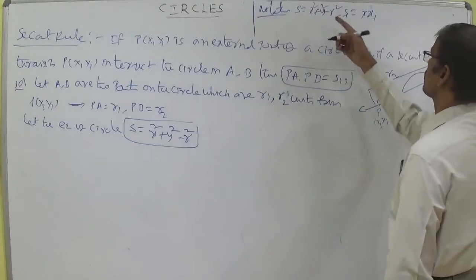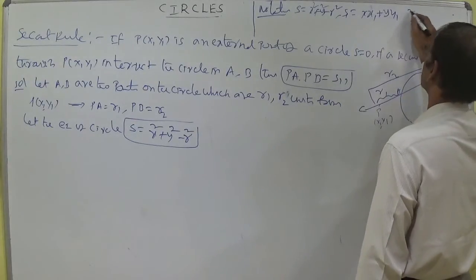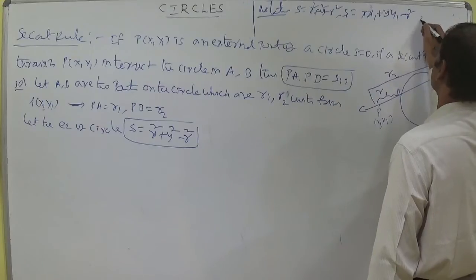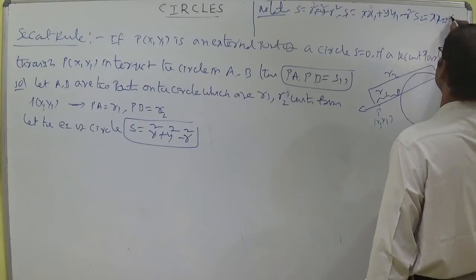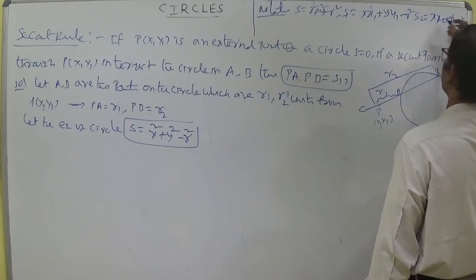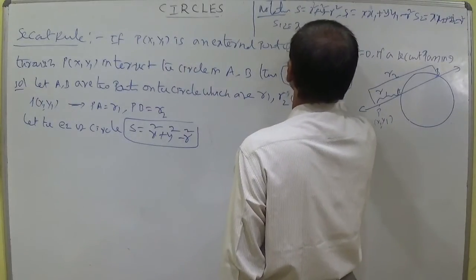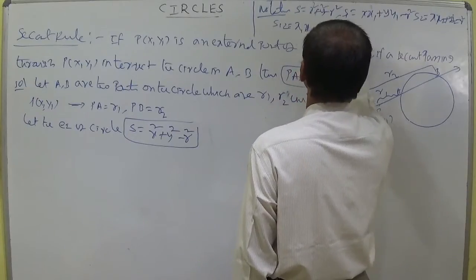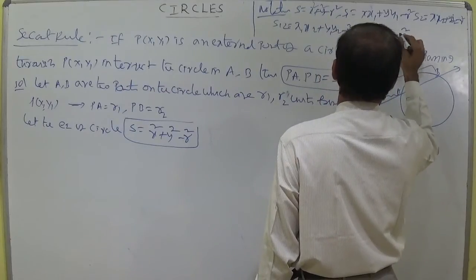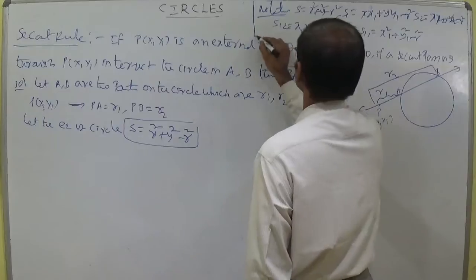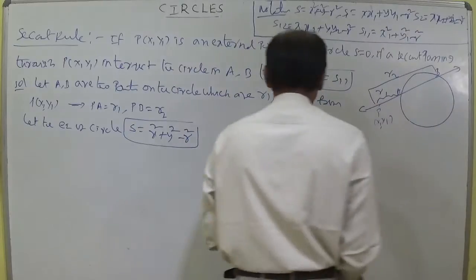Here S = x square + y square - r square, and S11 = xx1 + yy1 - r square. Like that, S22 = xx2 + yy2 - r square, and S12 = x1x2 + y1y2 - r square. S11 = x1 square + y1 square - r square. This is only notation, not belonging to this theorem.